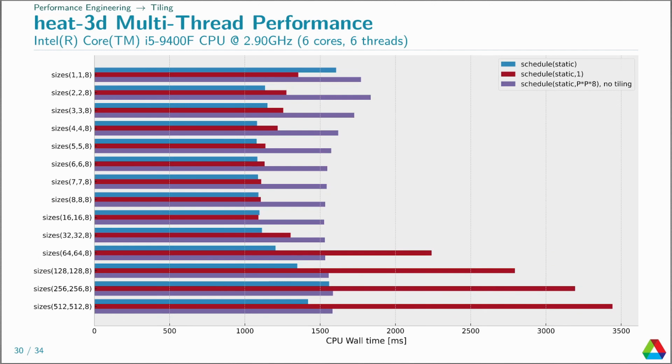So first, we have the blue bars, which is the same as we did before, where everyone uses schedule static without specifying a chunk size. Then we have the red bars, where we apply a chunk size of 1. This means that a single thread, when it finishes one tile, would not execute the neighboring tile, but jump a bit, which in theory gives you worse locality.